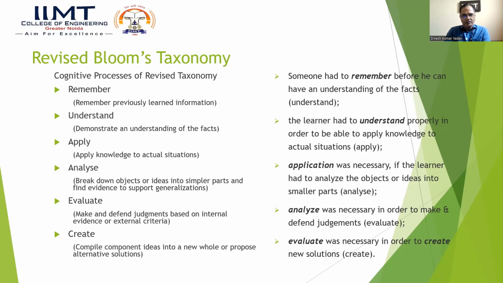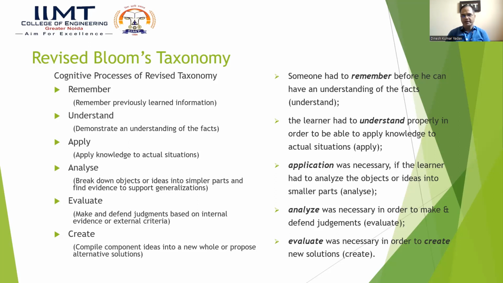Likewise, analyze is necessary in order to make and defend the judgments, which is a part of evaluate. So once the learner is able to break down the piece of information or ideas into smaller parts, then only we can say that he has got so much information, so much knowledge about that part, that he can create his own judgments from that information.